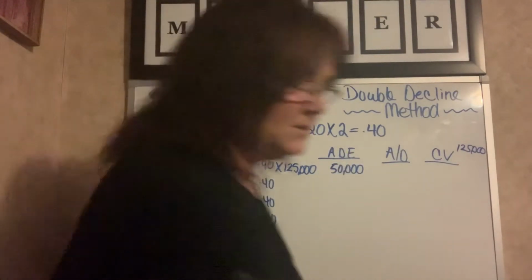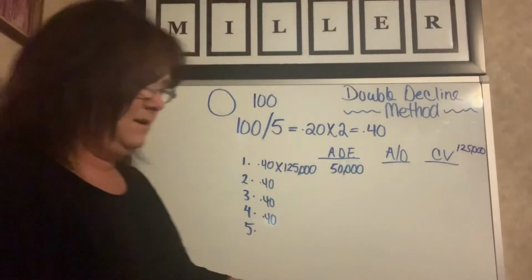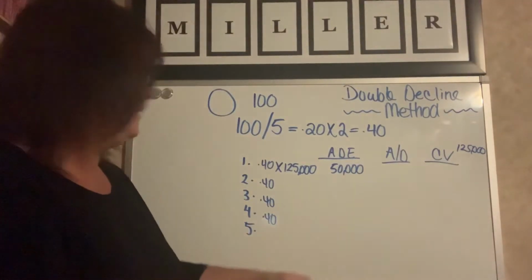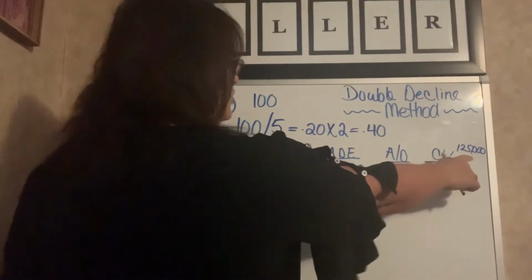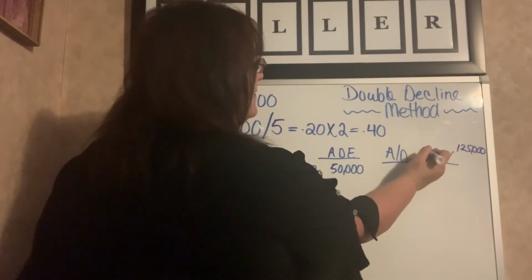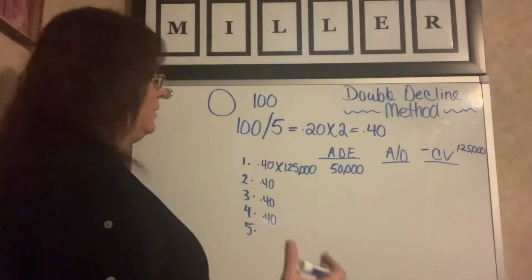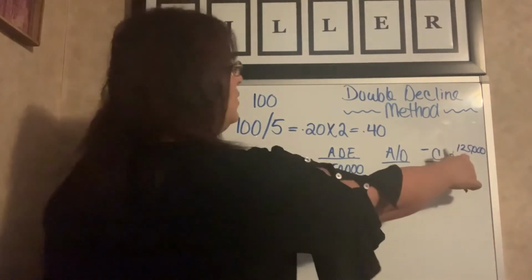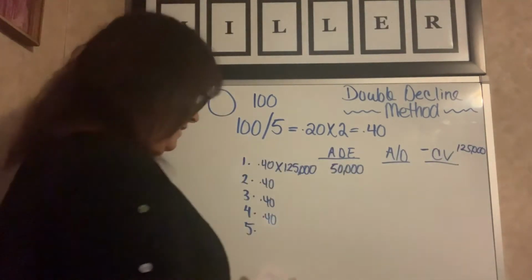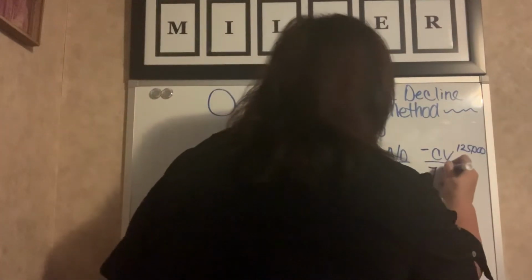The math on that equates to 50,000. Sorry, I've got my cheat sheet over here; I don't have all this in my head. Remember, this column is a subtraction column. We're going to ignore the accumulated depreciation in every year until the end. So 125,000 minus 50,000 equates to 75,000.